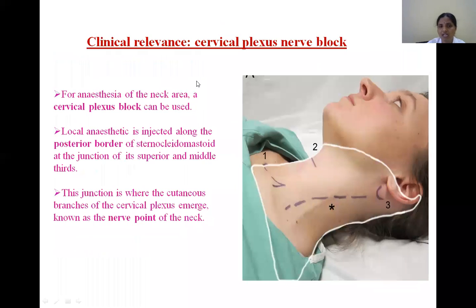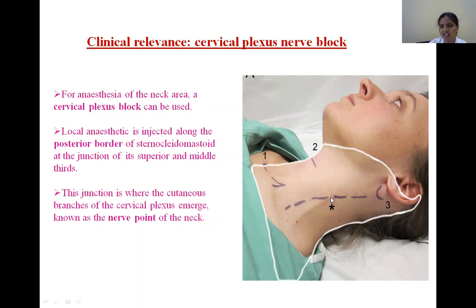Then what is the clinical importance? A cervical nerve block means giving an anesthesia to the neck region. So the cervical plexus must be blocked. So where do we have to block this cervical plexus? What is that landmark exactly? The midpoint of the posterior border of the sternocleidomastoid muscle. What is that? Midpoint of the posterior border of the sternocleidomastoid.